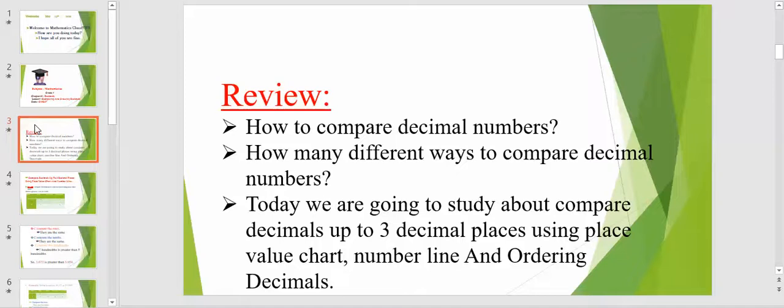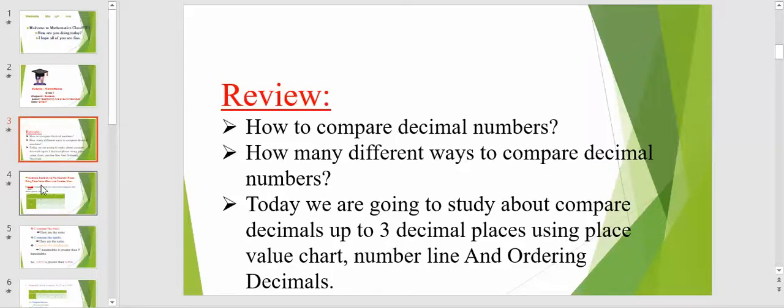And today we are going to study comparing decimals up to 3 decimal places using a place value chart, number line, and ordering decimals. We already learned how to compare decimals up to 1 or 2 decimal places, but today we continue comparing decimals up to 3 decimal places.